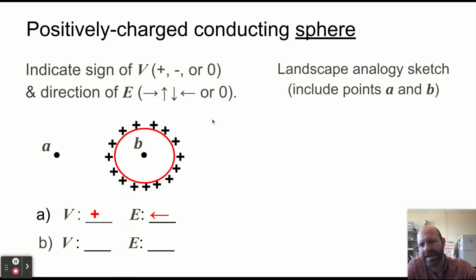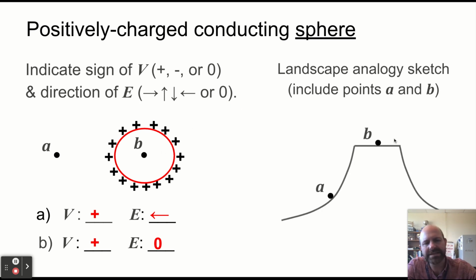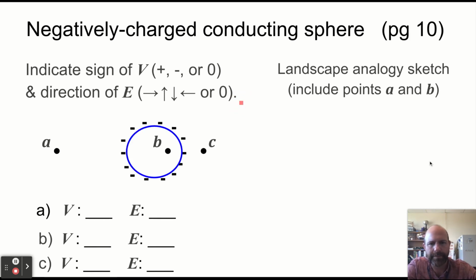If you are at point B, there will still be a positive potential, because potential is only zero infinitely far away, or somewhere between positive and negative charge. And the electric field will be zero because you are inside the sphere. So what is this like? Well, B is like being at the top of a plateau on a hill, and A is like being on the slope of that hill.